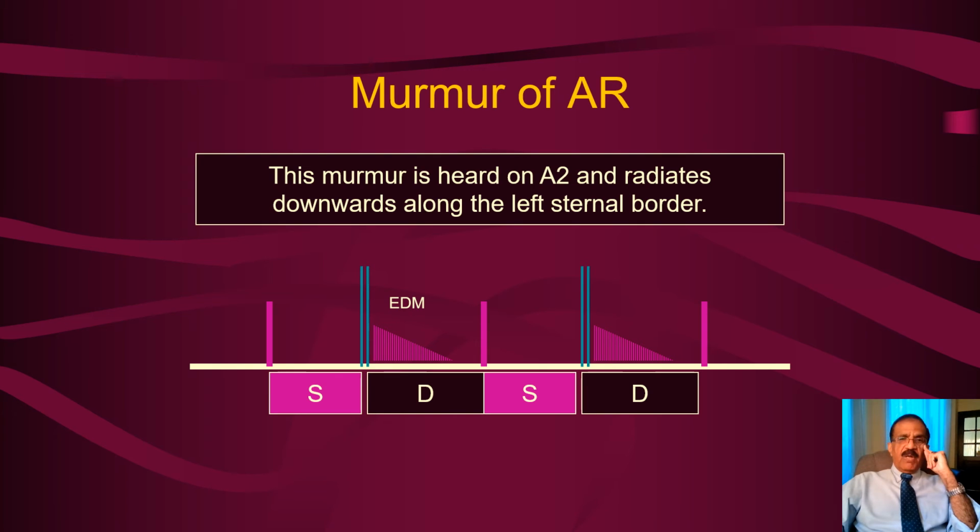But the typical murmur of aortic regurgitation is this decrescendo murmur, which is maximum to begin with, but decreases in intensity, and by the middle of diastole it just vanishes because the pressure in the aorta and the pressure in the ventricle equalize. So this is the murmur of aortic regurgitation.